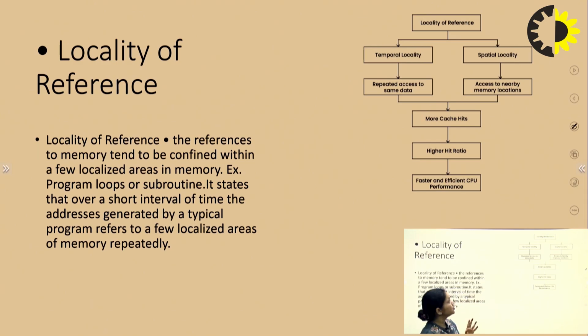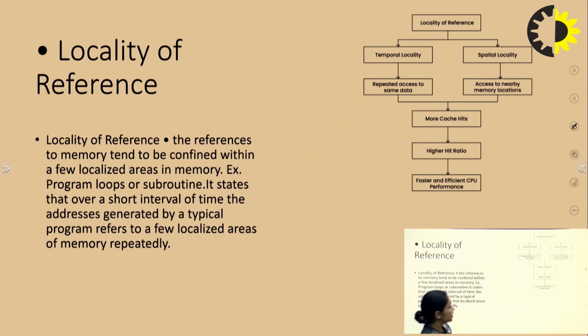There are basically two types, temporal and spatial. Temporal says the same data will be accessed again and again, meaning repetitive access of the same data. So that data will be placed into our cache memory. But there is one more thing.